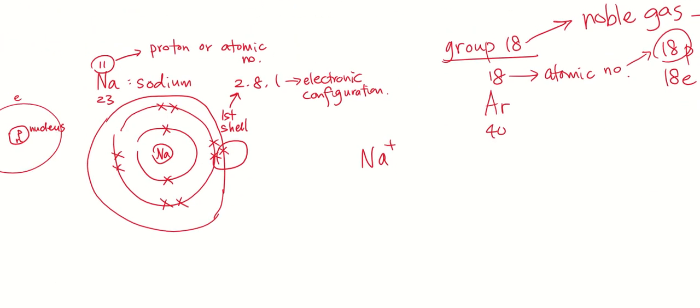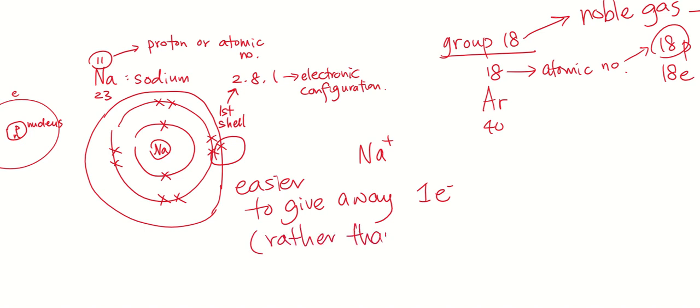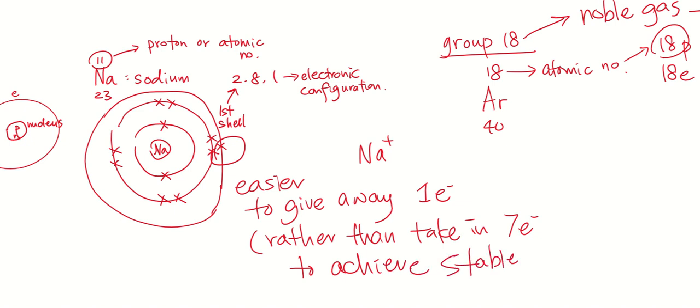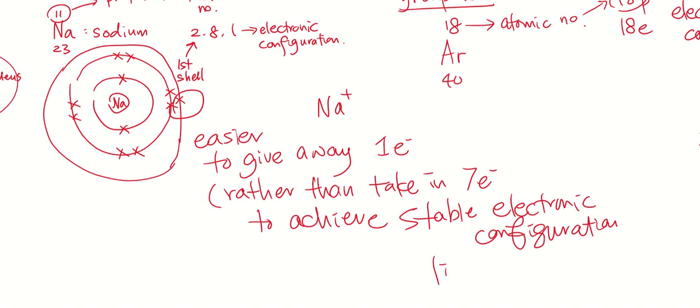So we all agree that it's easier to give away one electron rather than take in 7, to achieve a stable electronic configuration like the noble gas.